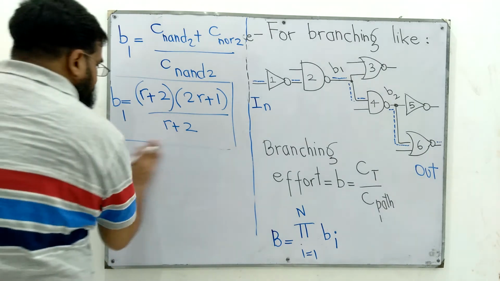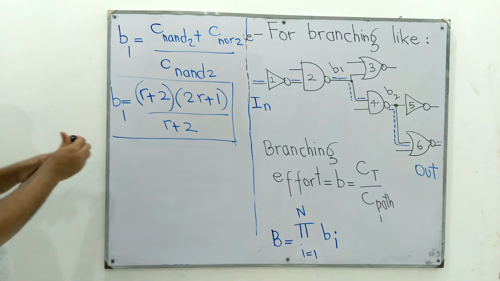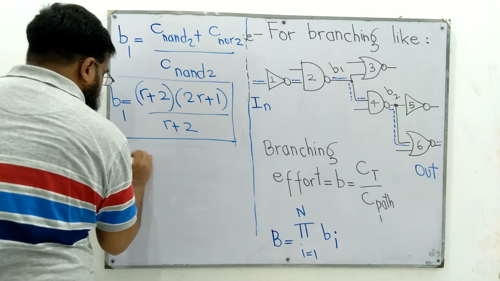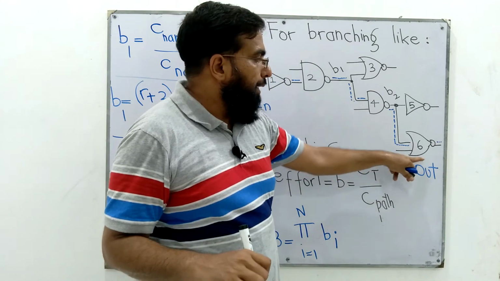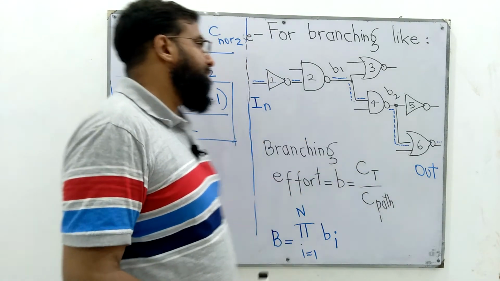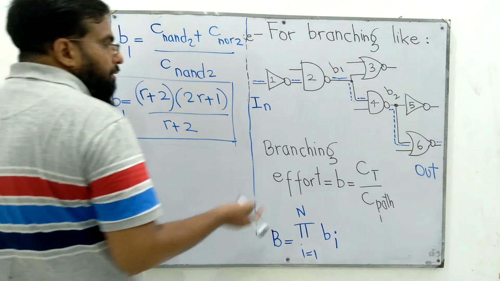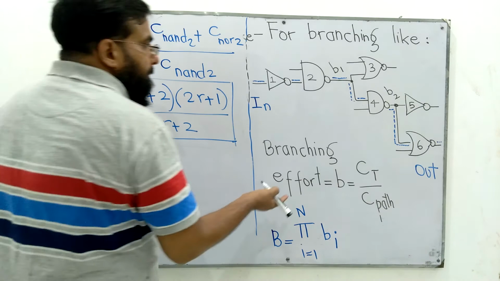For node 2, or for the second branch, we can compute branching effort in the same way. For B2, we have this NOR gate, gate number 6 in the path, and this NOT off path. So the sum of their input capacitances should be in the numerator.